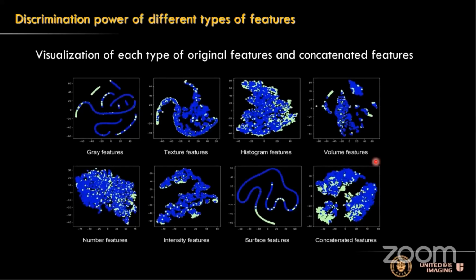So the first natural idea comes: what about the quality of these different types of features? We evaluate this from two different perspectives. Firstly, we visualize each type of features by directly mapping them into a low-dimensional space by using some dimensionality reduction method, for example, the famous t-SNE algorithm.